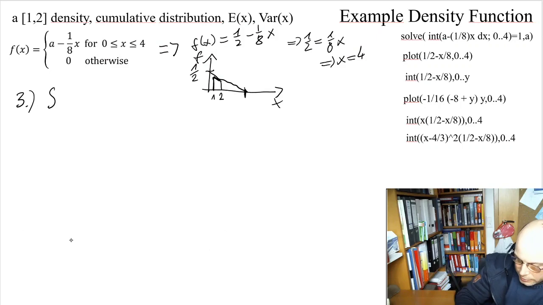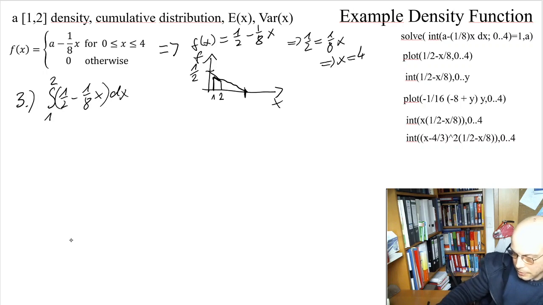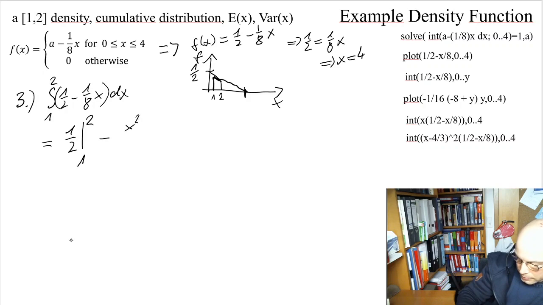This is the integral from 1 to 2 of 1/2 minus 1/8 times x dx. So again, we obtain 1/2 x from 1 to 2 minus x squared over now the right one, 16, from 1 to 2.